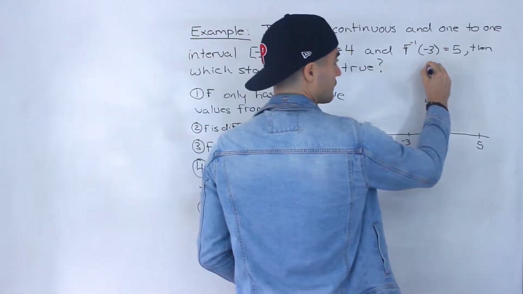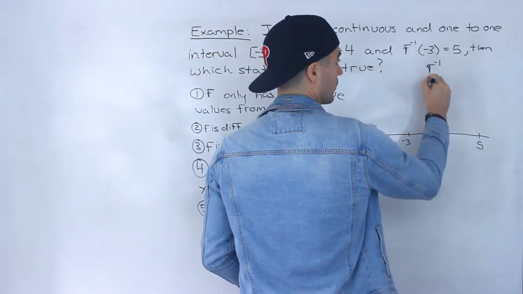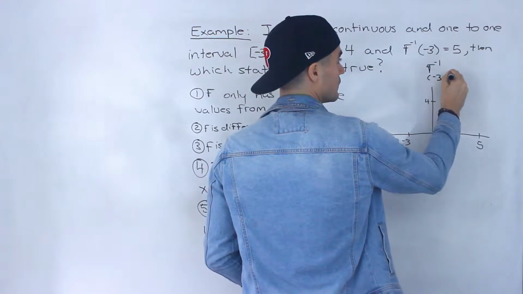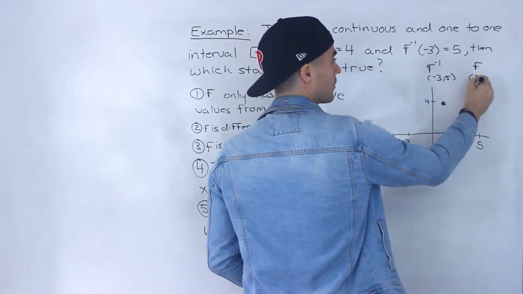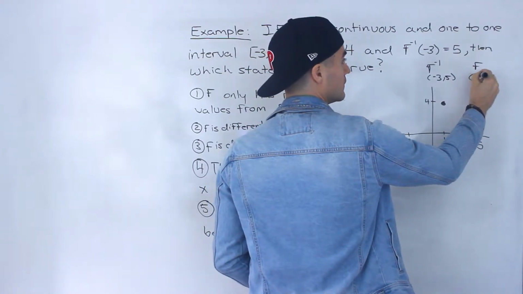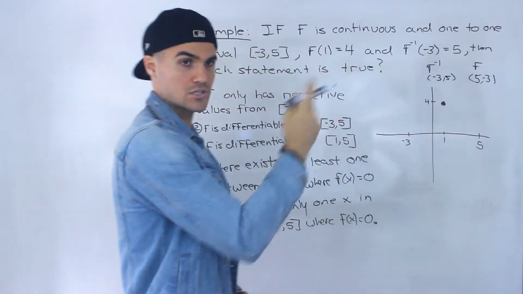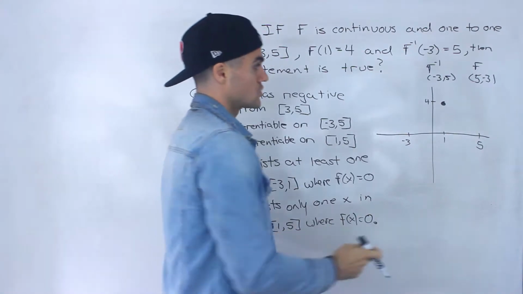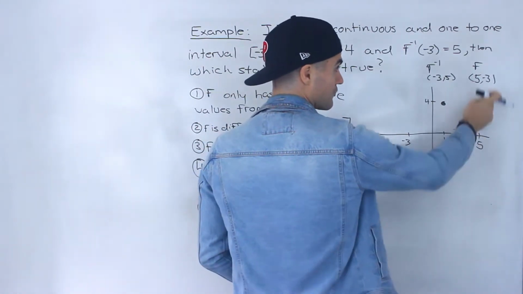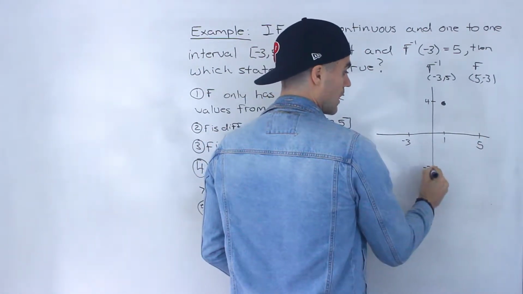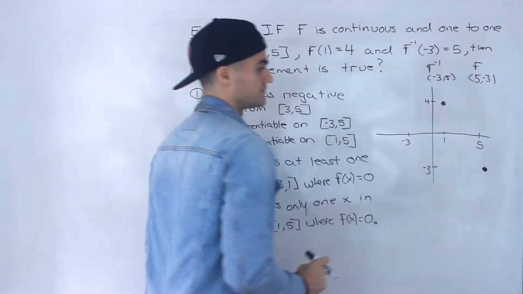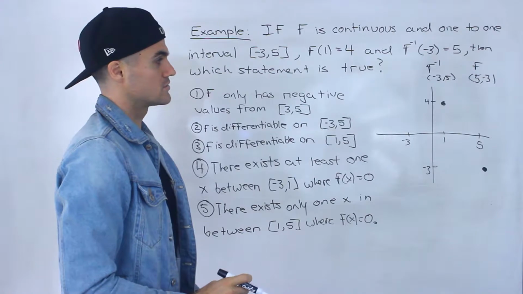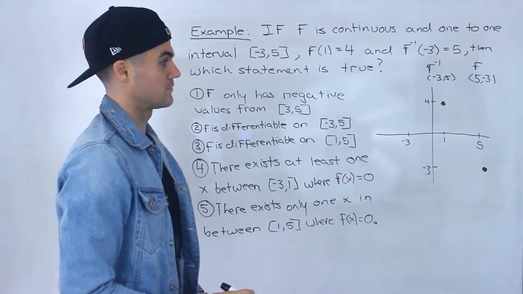Now, if the inverse has a point (-3, 5), then what does that mean for the function? That means the function has a point at (5, -3). Right? If we interchange the x and y values, so at an x value of 5, the function has a y value of -3, which would be down here. So that's what we know for sure.